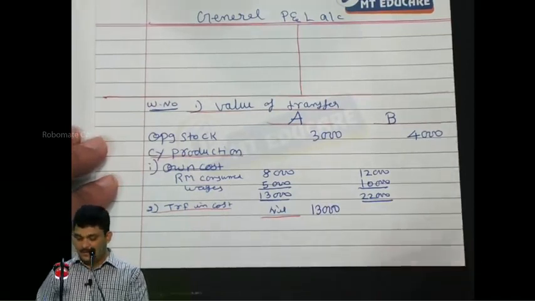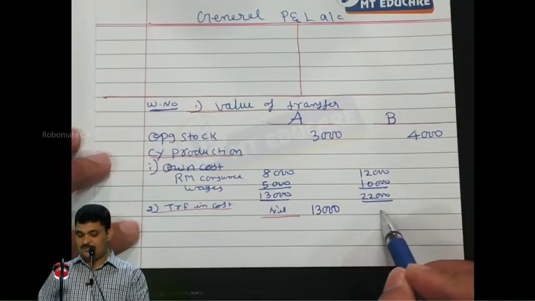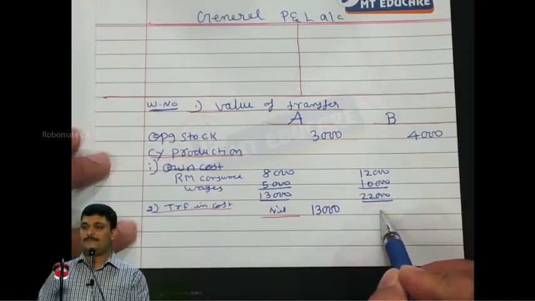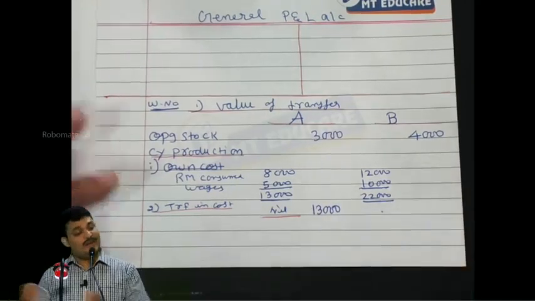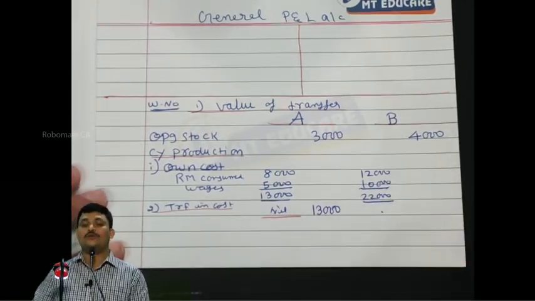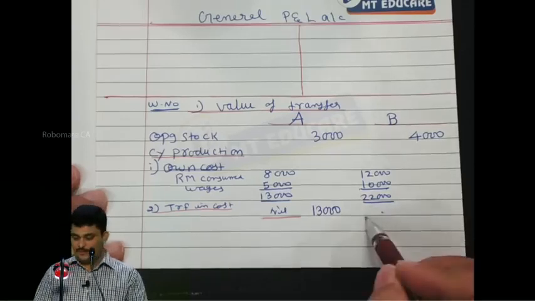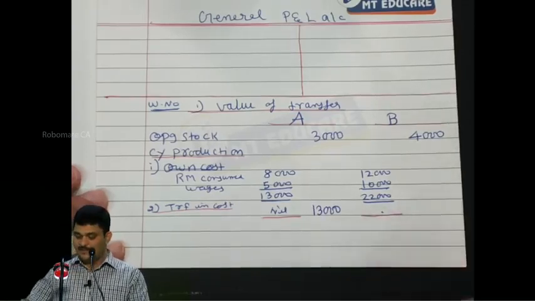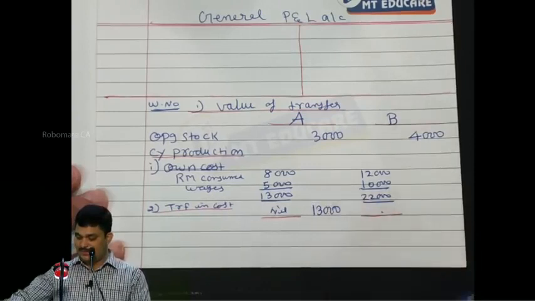Here, transfer in cost, how much we should find out. We can't take nil. So we can't find out even the total cost. Current year production we have to wait. Okay.